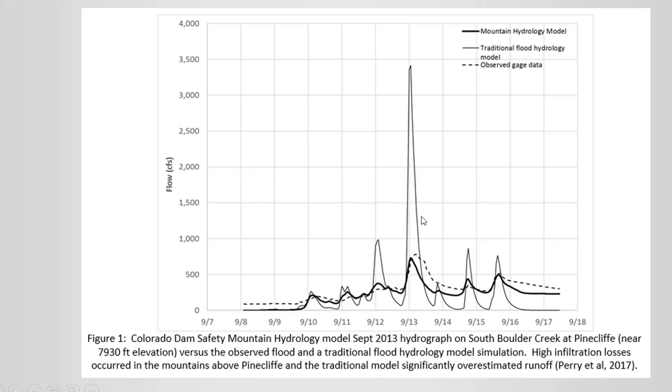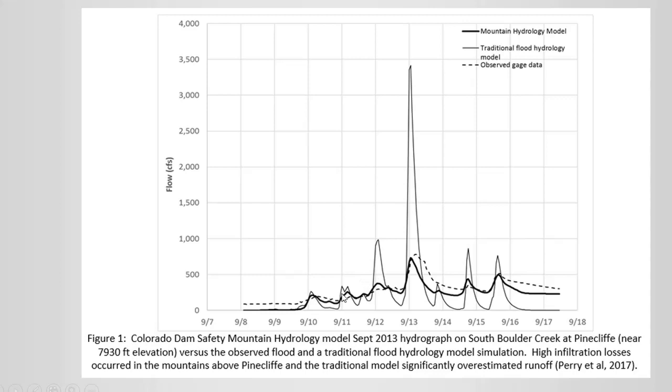And then in comparison, our proof of concept model is the bold hydrograph. And for comparison, we looked at a traditional dam safety hydrology model, which used typical low infiltration rates and infiltration excess runoff.